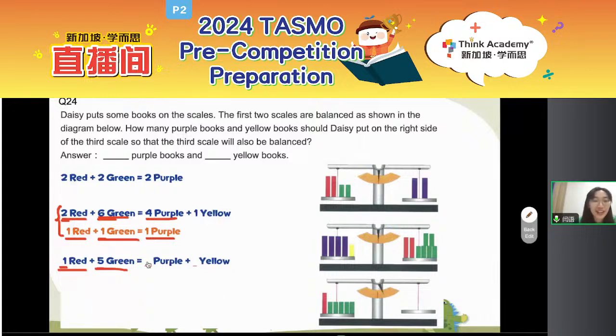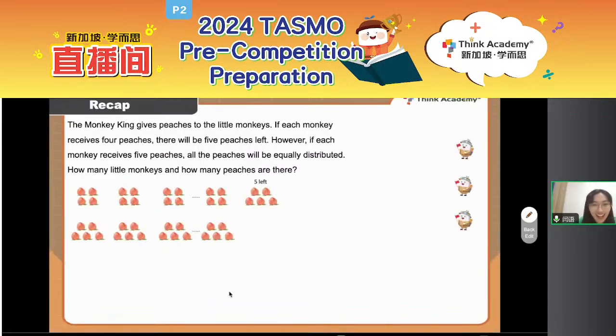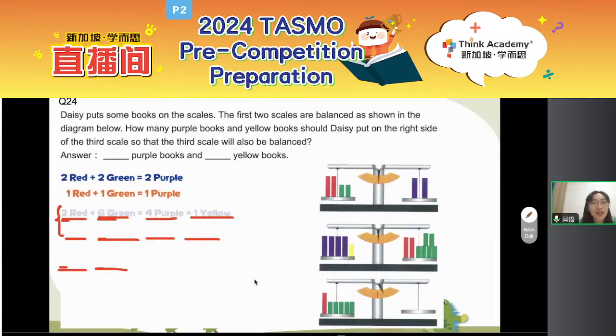Yes, 4 minus 1 is 3. Good job. And then what about the second one? 1 yellow minus nothing. Nothing is 0, right? What is 1 minus 0? Correct, that is 1. So for this question, the answer is 3 purple and 1 yellow.